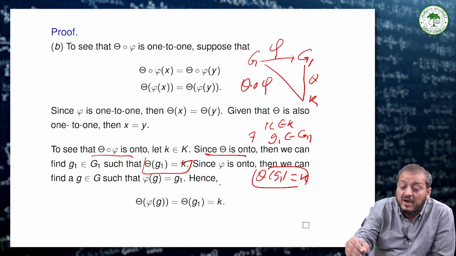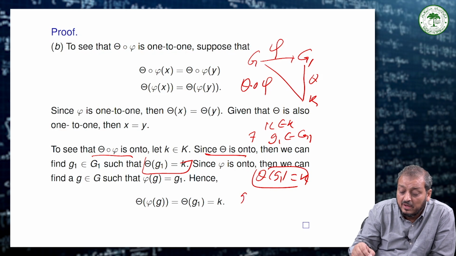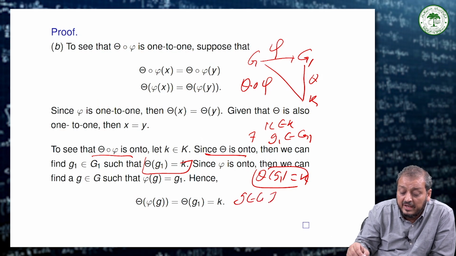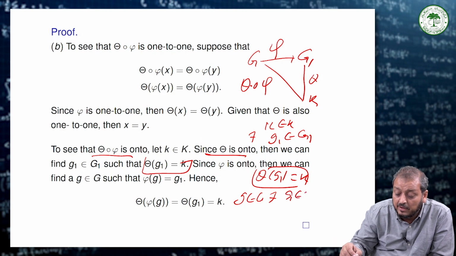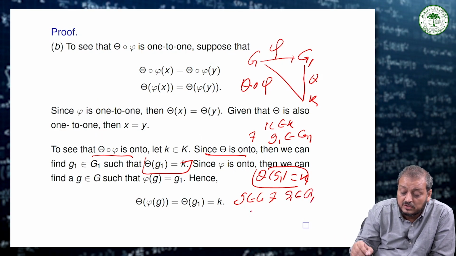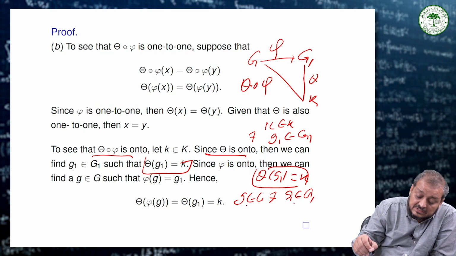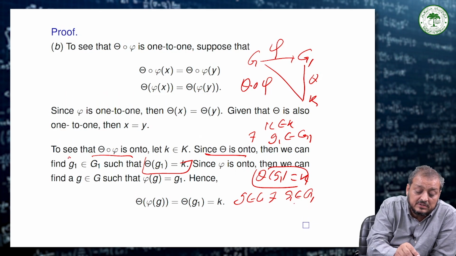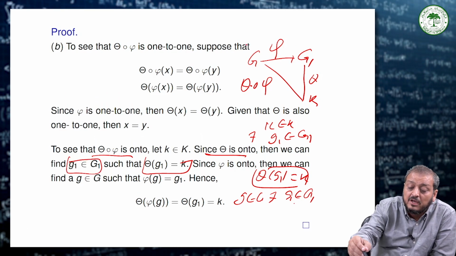Now phi is also onto. So for any element g1 in G1, there exists some element of G that maps to it.